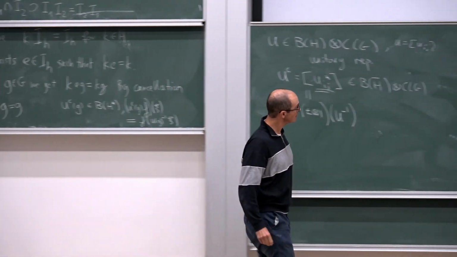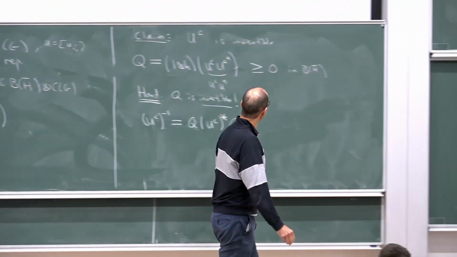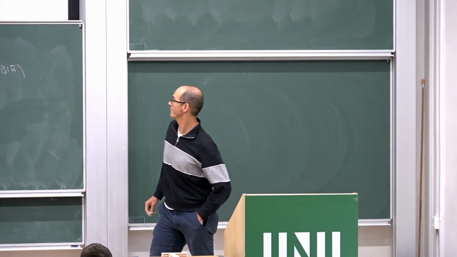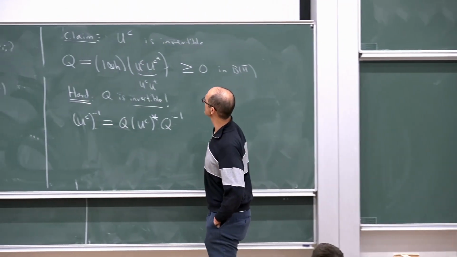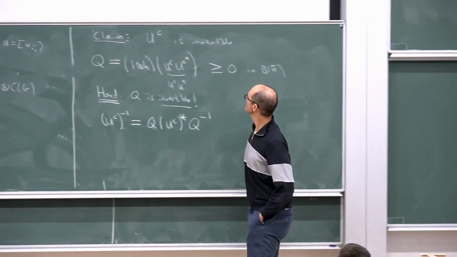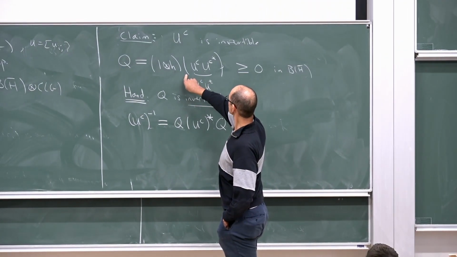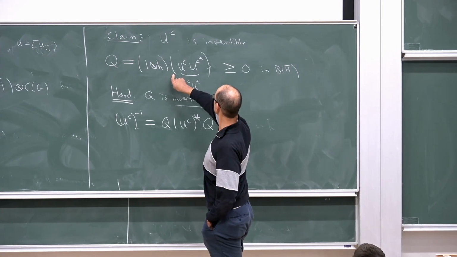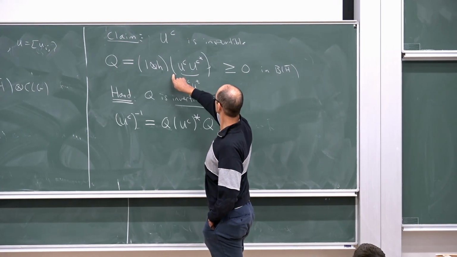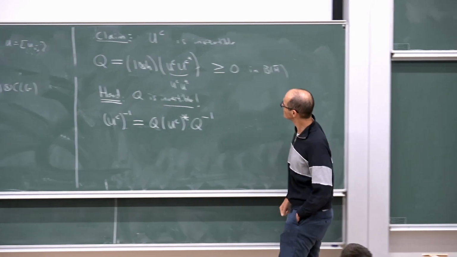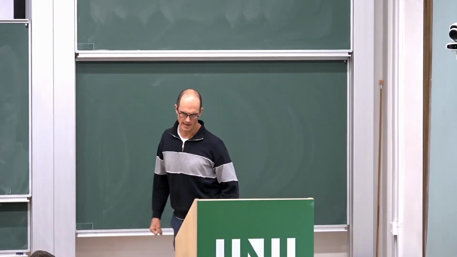And the way one checks this is you form something like this Q matrix.